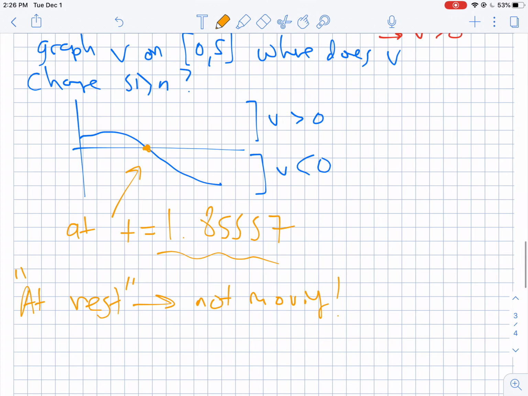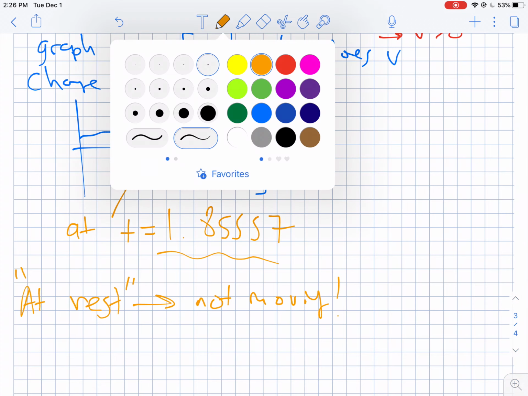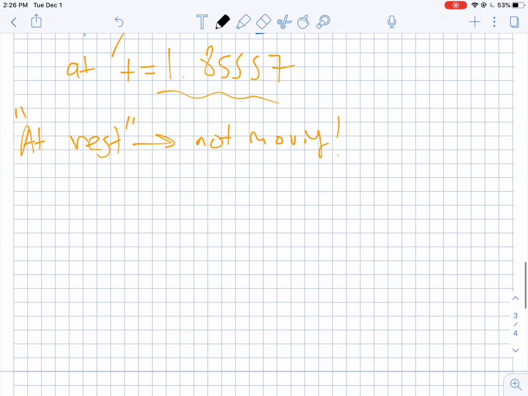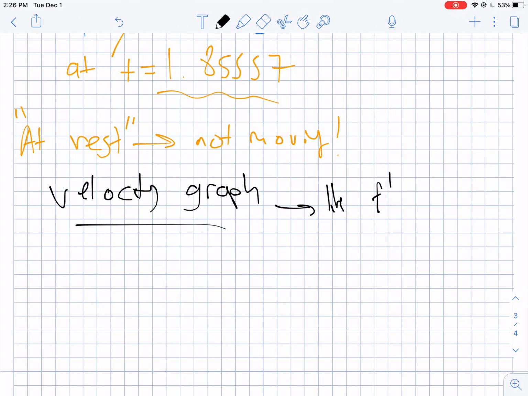Okay. The other type of problem that I wanted to remind you about and give a little refresher on is what happens if you have a velocity graph. When you have a velocity graph, whether it's on your calculator or drawn, think of it like one of those problems where you have an f prime graph and you're asked about f, where they give you a graph of f prime and ask about concavity, maxes and mins, all that stuff. So let's say we have a graph of velocity that looks like this.